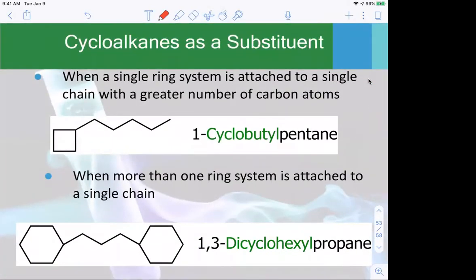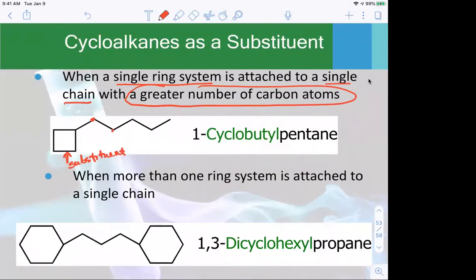As we mentioned before, I could use cycloalkanes as a substituent in my naming system as well. When a single ring system is attached to a single chain, and that chain has a greater number of carbon atoms, this is going to be the substituent. Here I have 1, 2, 3, 4, 5 carbons.